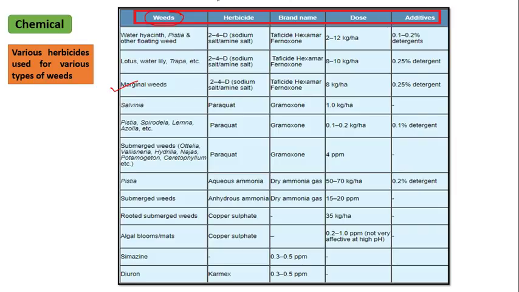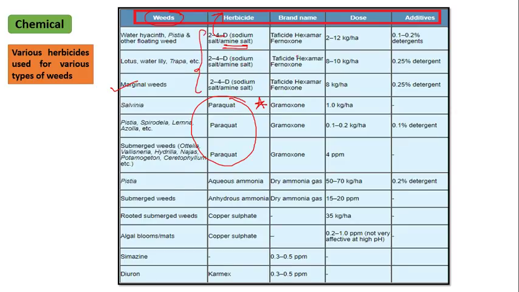Okay, then you have the herbicide. So you can have a look at the names. For example, paraquat is very common and important as well. And you need to know that 2,4-D, that is sodium salt or amine salt, is used as a herbicide, right? So these are two important key takeaways from here.